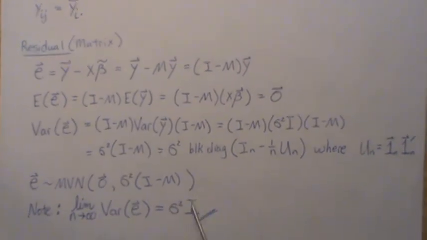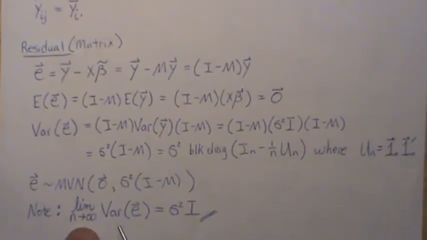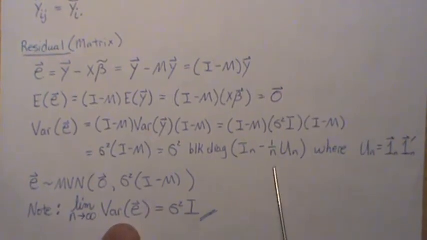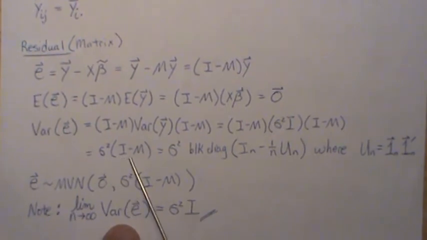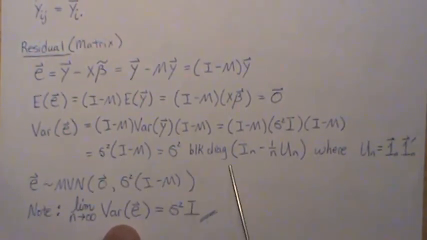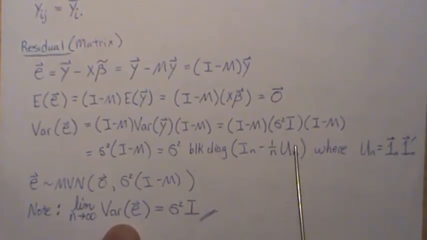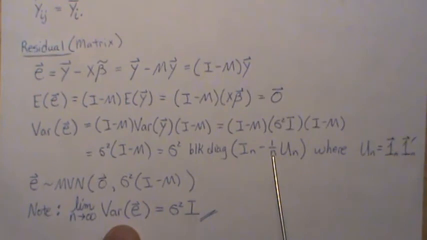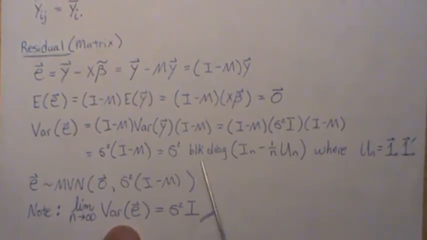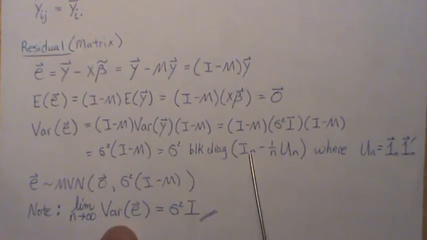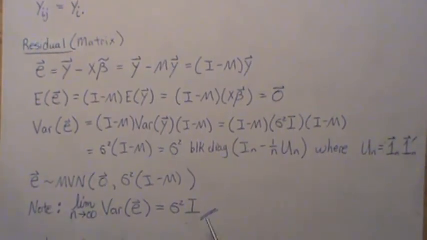Now what happens asymptotically to the variance-covariance matrix if we just look at this form right here? This is sigma squared times I minus M, which is this. But in this form, notice this piece right here. As n goes to infinity, this is a matrix of ones, and we're dividing by a bigger and bigger number. So this goes to 0, which leaves a block diagonal of the identity matrix, which is overall just the identity matrix.